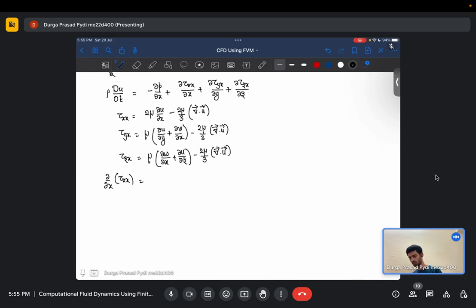So if mu is not constant, then you'll be having two terms, one with respect to the derivative of mu and the other one with respect to x. Similarly for the second one.